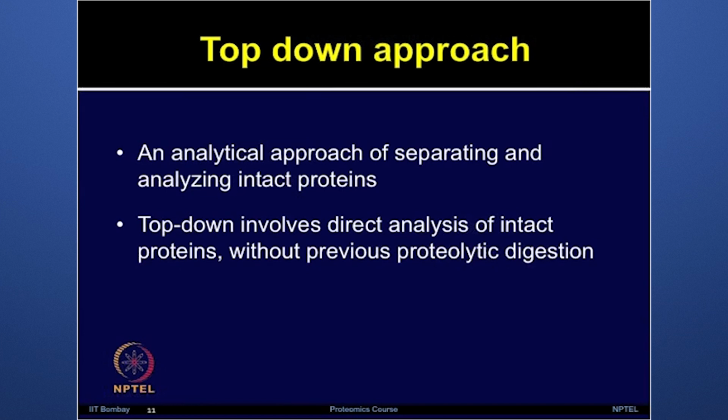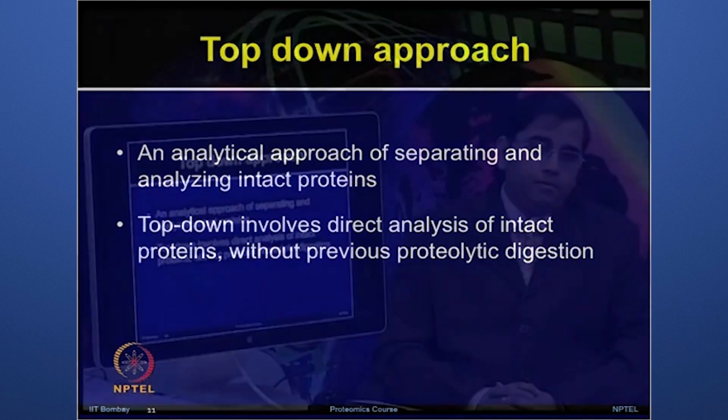Let me give you a brief idea about the procedure, the steps involved in the top down approach. Proteins are first introduced into the MS directly, because we are not doing the in gel digestion or tryptic cleavage. Proteins are broken into fragments inside the mass spectrometer.